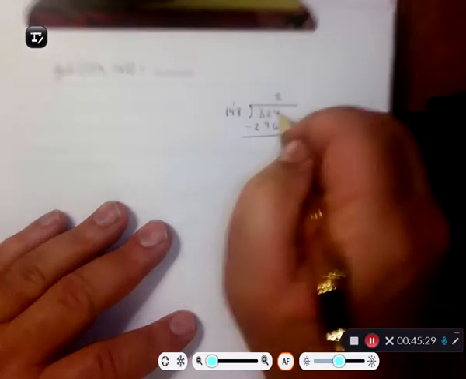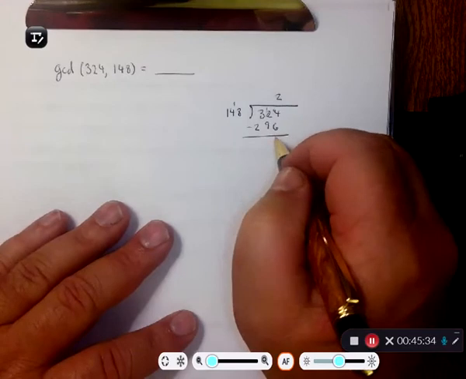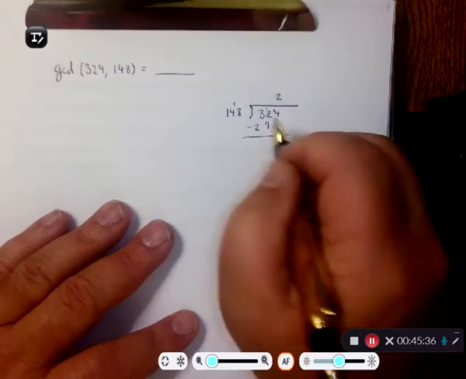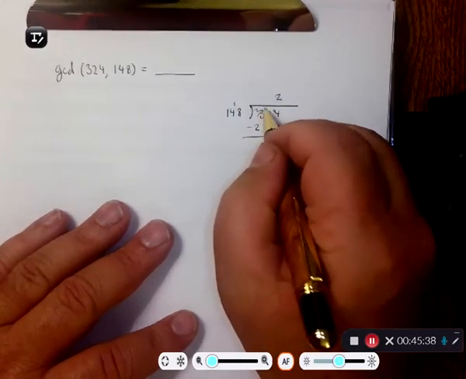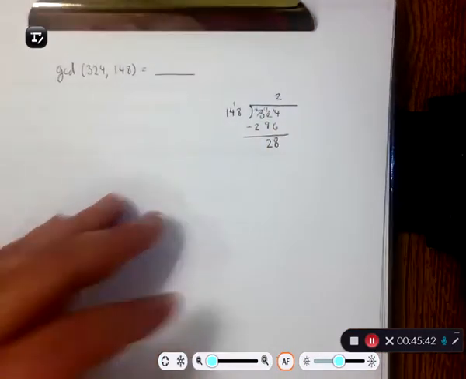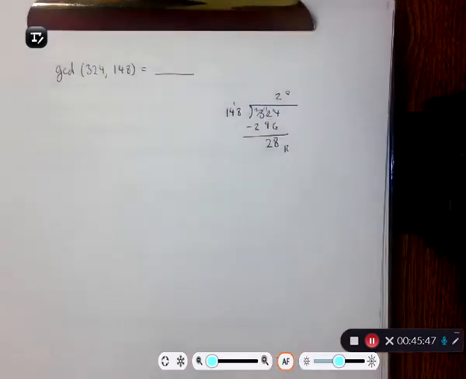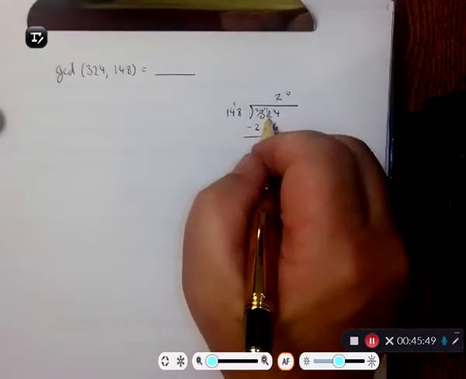And when I subtract, borrow 1 from here, 14 minus 6 is 8. Borrow 1 here. 11 minus 9 is 2. So here comes my remainder. Here was my quotient. So this was my dividend and divisor.